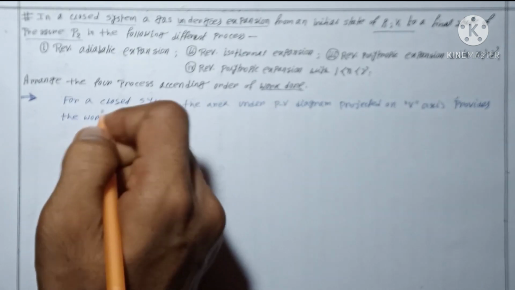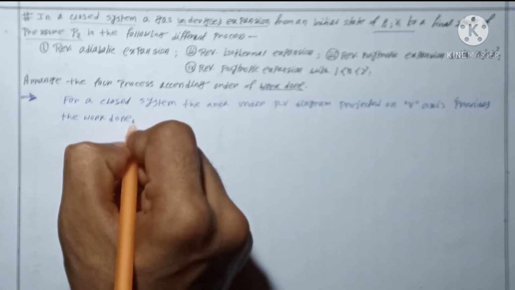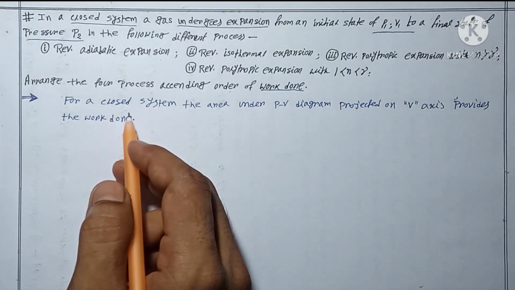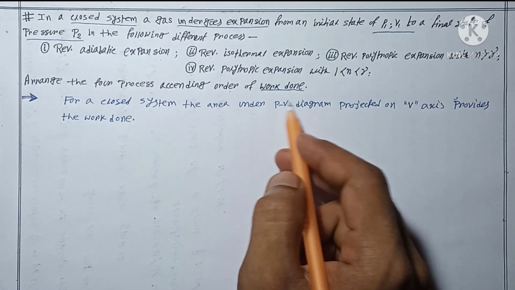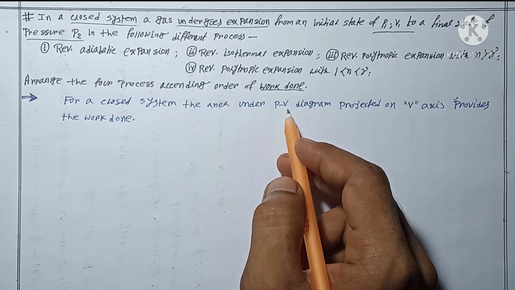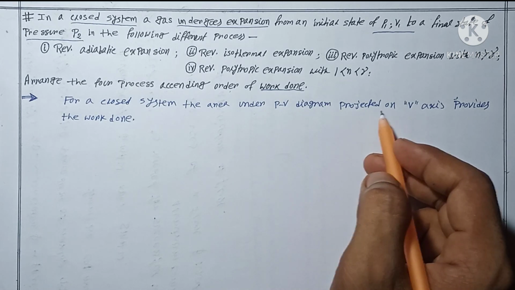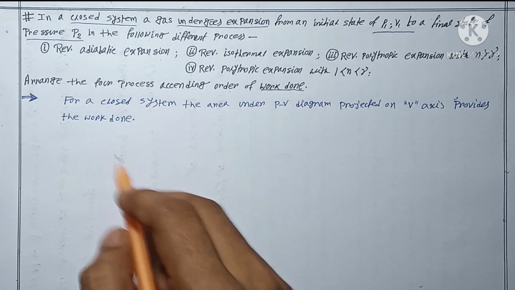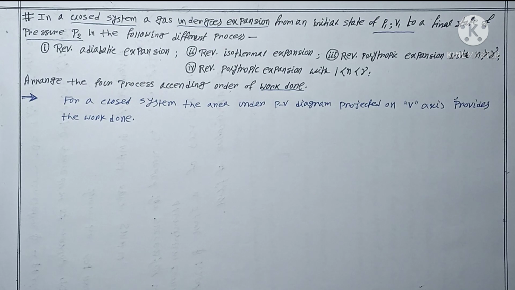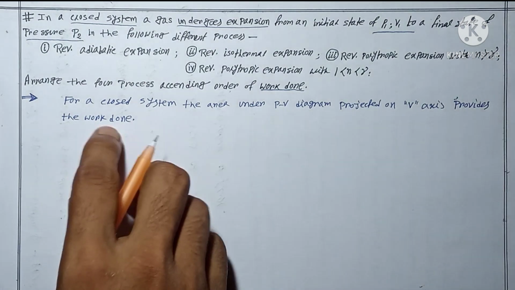I think this is known to all of you. For a closed system, if we represent any process on a PV diagram and project it on the V axis, then the area under the PV curve provides the work done.